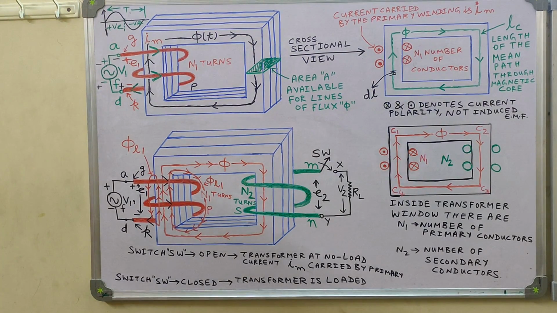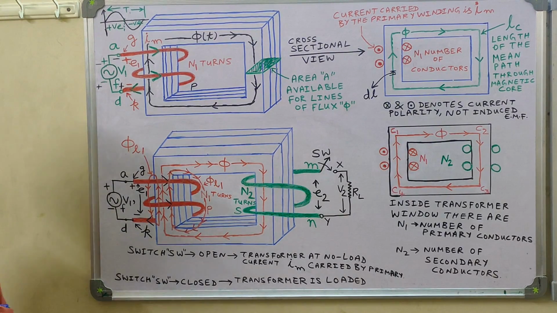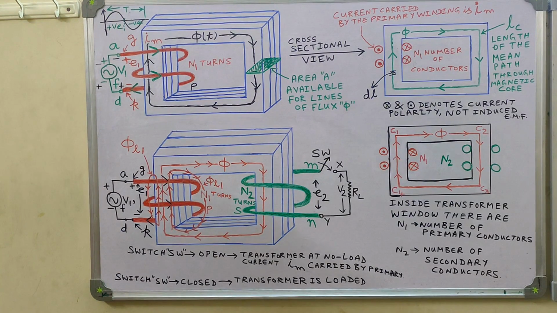They are magnetically coupled, although they are electrically isolated. This magnetic coupling between the primary and secondary winding is taking place because both are wound along a magnetic core which is common to both of them. So that's why they are magnetically coupled through a flux which is named as mutual flux, and the path of the mutual flux is through the transformer magnetic core.